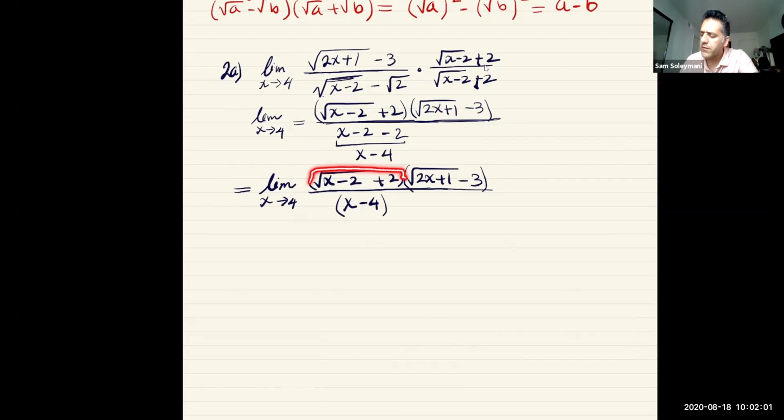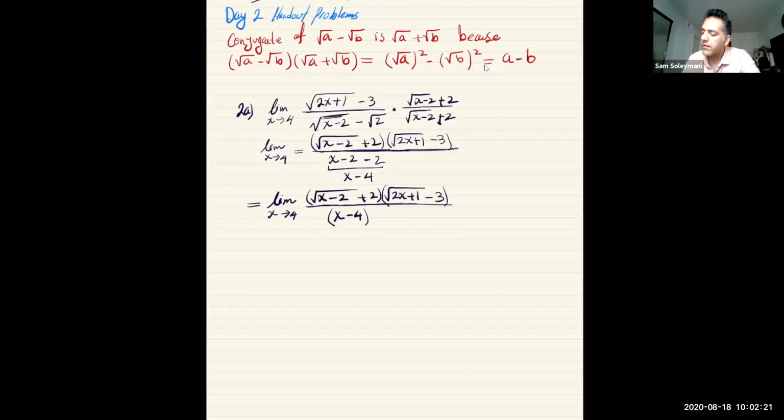If you plug 4 in, you get 4 minus 2, so that would be root 2 plus 2. This is not 0. So this and this factor are still 0. You need to again multiply by another conjugate to try to see if you can get rid of that 0 over 0 situation.